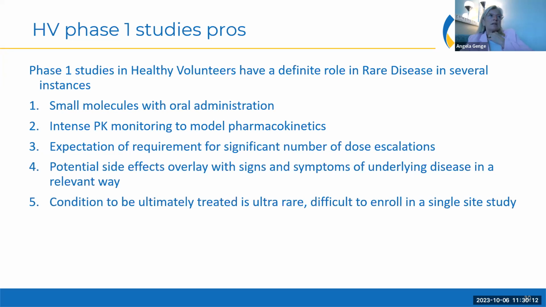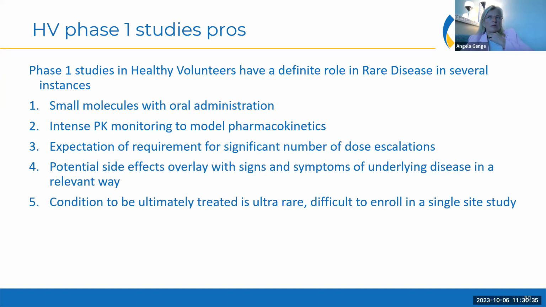And in the case of the healthy volunteer studies, these are actually very well developed, well understood methods of entering into the clinic and preparing you for your multi-dose and your proof of concept phases of your drug development.